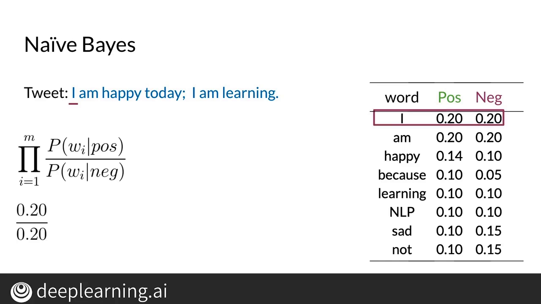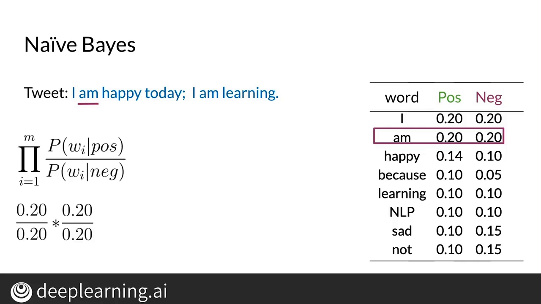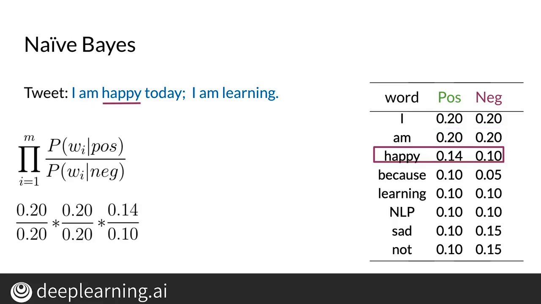So for I, you get a positive probability of 0.2 and a negative probability of 0.2. So the ratio that goes into the product is just 0.2 over 0.2. For am, you also get 0.2 over 0.2. For happy, you get 0.14 over 0.10.